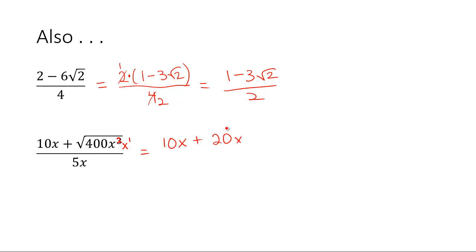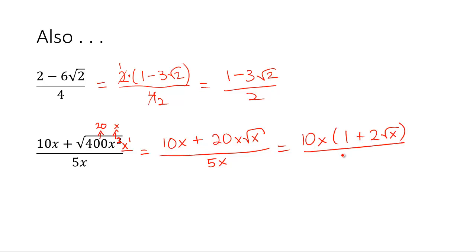So the x squared comes out as an x, and there's an x left inside, root x, over 5x. So let's factor the numerator. So a 10x can come out, and we've got 1 plus 2 root x over 5x.